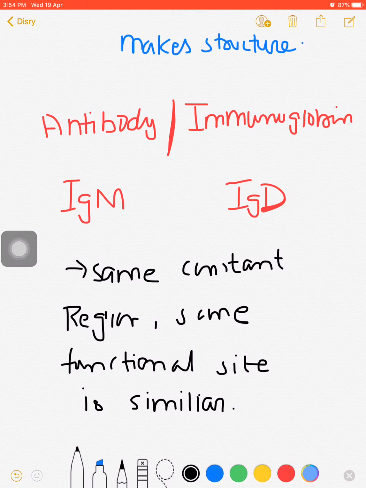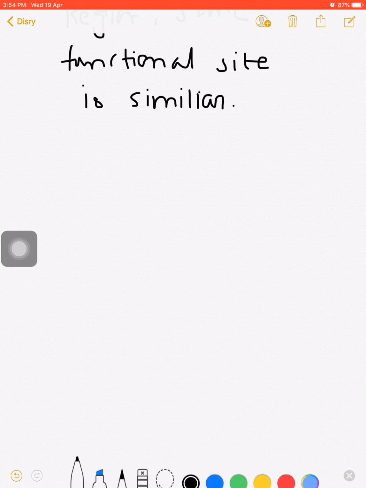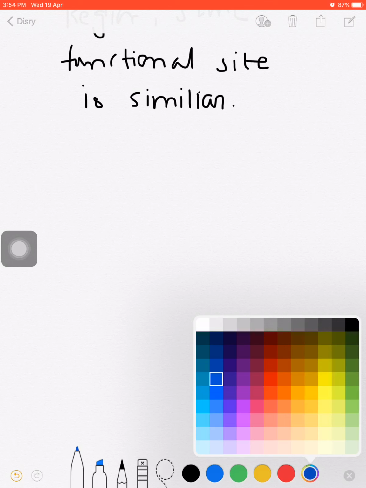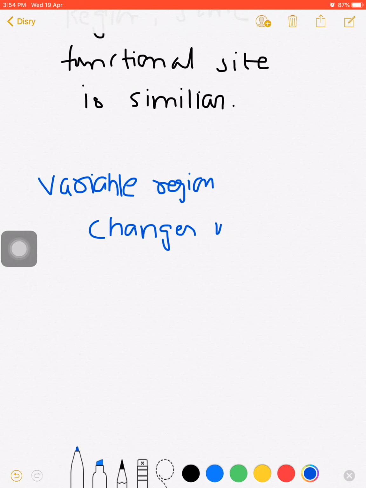But the variable region changes with respect to the pathogen.